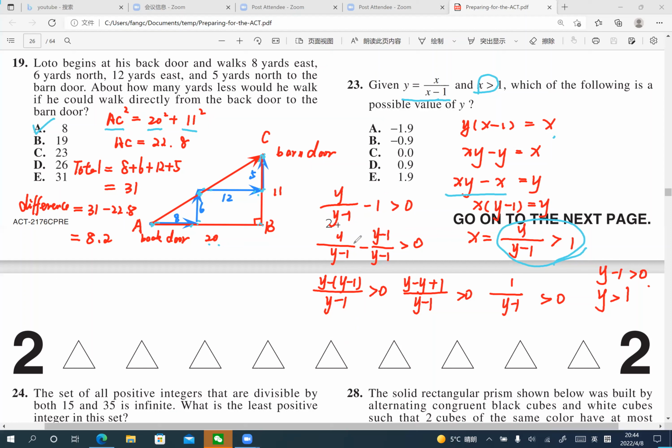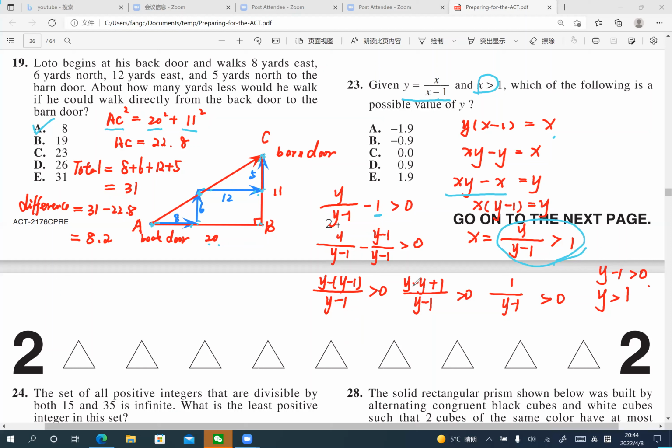We rewrite 1 as y minus 1 over y minus 1, the same common denominator. Then subtract the numerators, we get y minus, in parentheses, y minus 1.